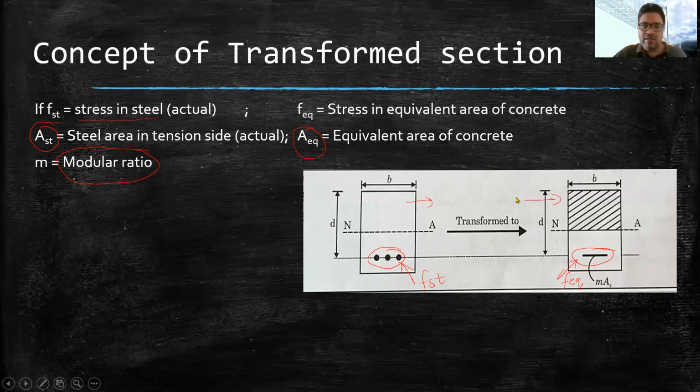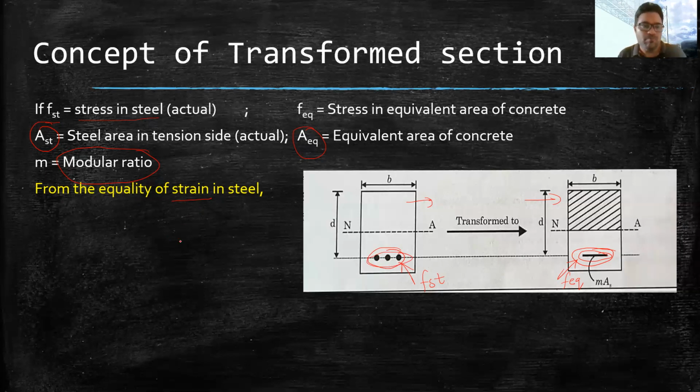As we have seen in the previous slide also, the equivalent area and the steel will have equality of strain, which means the strain in the steel will be equivalent to the strain in the transformed or equivalent area that we have replaced. So in this area and in this steel, the strain will be same. This is one assumption while transforming the section.